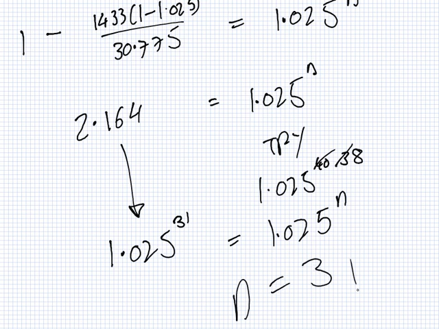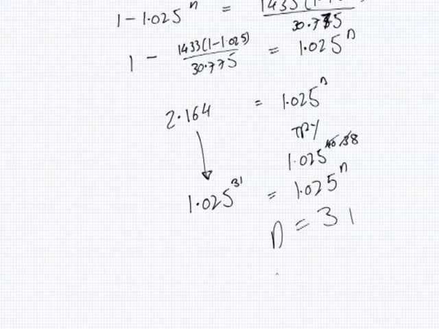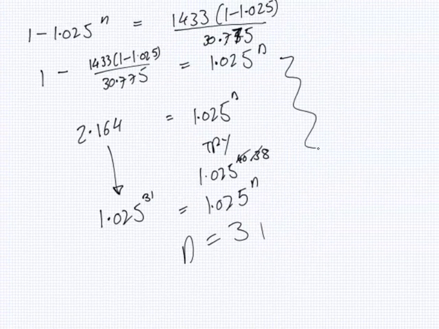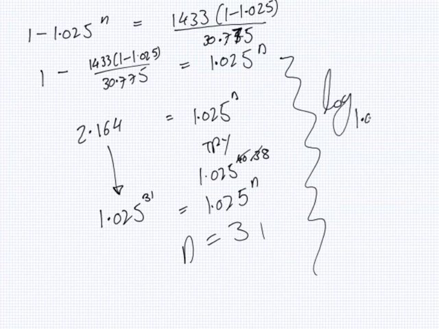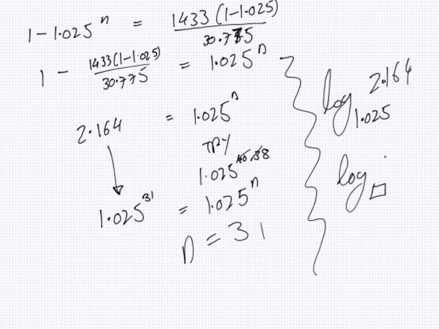You can use logs. For those people who have studied logs, and we will study logs in a couple of weeks, you can actually just hit this in on your calculator. Log base 1.025 of 2.164 by using the log base button here.